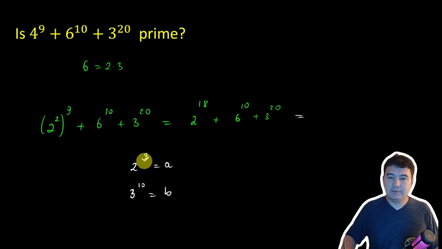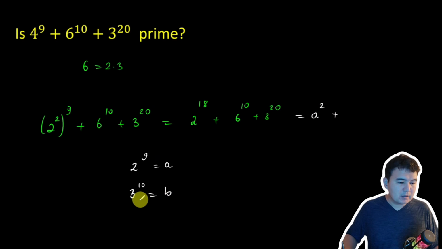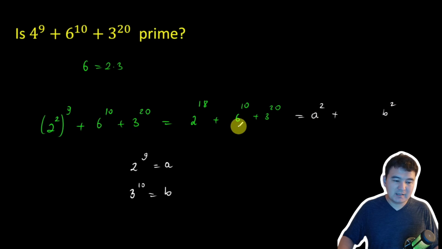So if I replace it like this, 2 to the power 9 is A, this is A squared, plus 3 to the power 10 is B, 3 to the power 20 is B squared. What about 6 to the power 10?